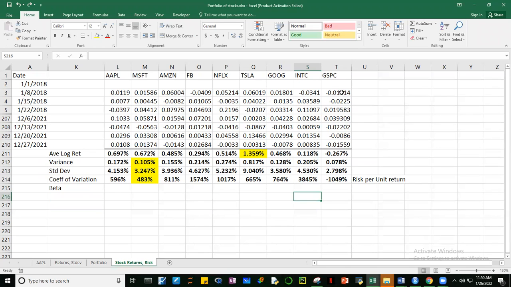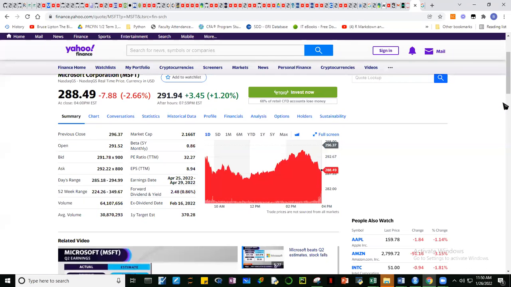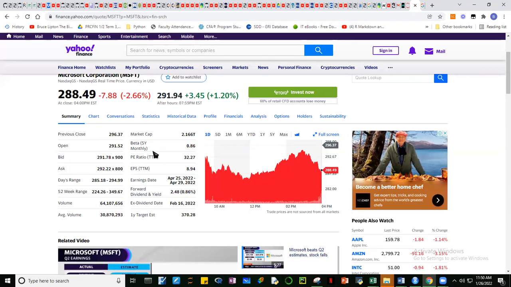We're not comparing it with GSPC. Itong 3.247 na to, it's just a measure of the volatility of the returns of Microsoft. Okay? Hindi natin siya kino-compare kay GSPC, kay Standard & Poor's. Yung beta, guys, is a measurement of relative risk in the sense that we're comparing the asset with the market, which is Standard & Poor's.